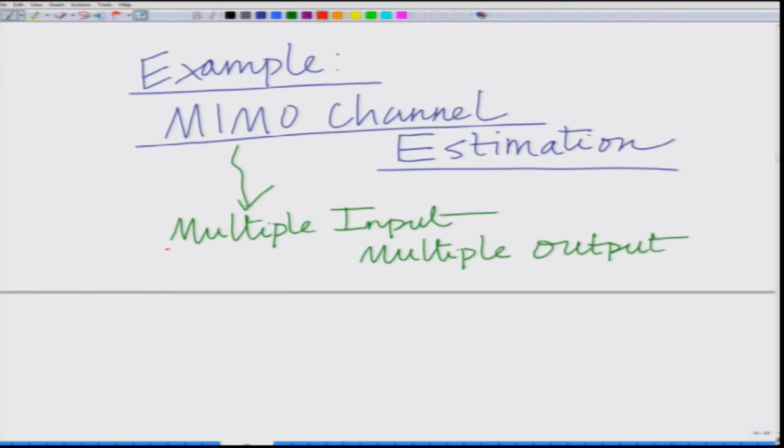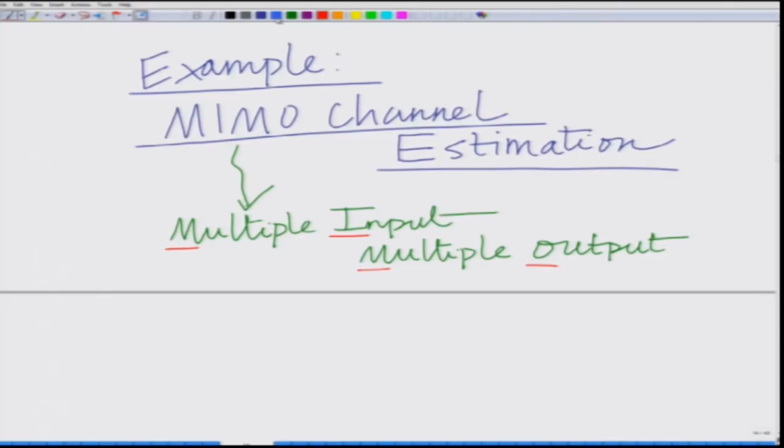That is your multiple input multiple output wireless communication system, where the multiple inputs mean multiple transmit antennas that input multiple symbols into the wireless channel, and the multiple outputs refer to the multiple receive antennas, which receive multiple output symbols from the wireless channel.